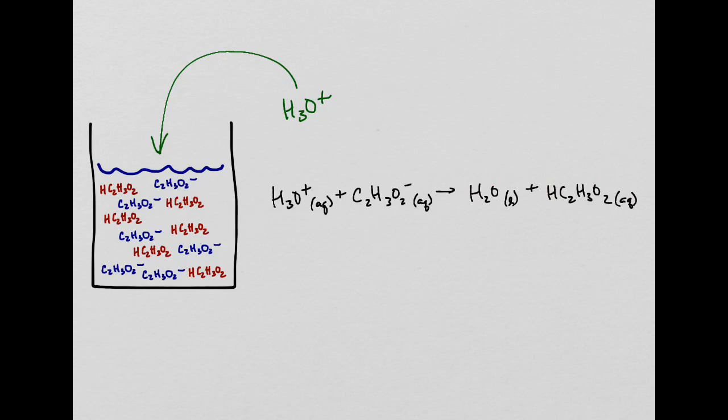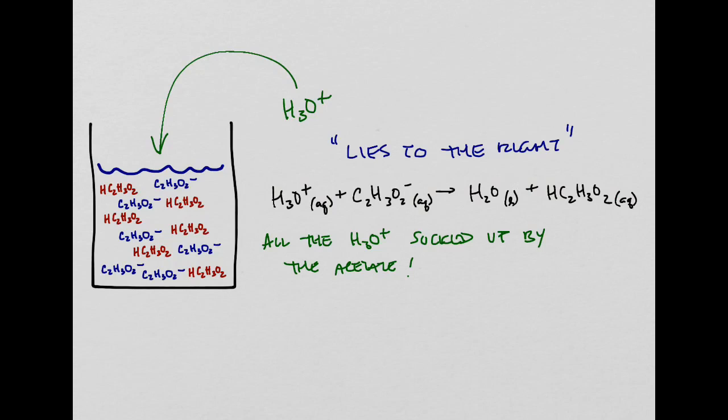So if I put in a whole bunch of these protons, or these hydronium ions, most of them are just going to readily combine with the acetate ion to form the acetic acid, and it'll stay as acetic acid. In a sense, it's going to pull all those hydronium ions out of solution. So all the hydronium is sucked up by the acetate because this reaction lies to the right. And again, what I mean by that is that it really wants to form the water and the acetic acid.